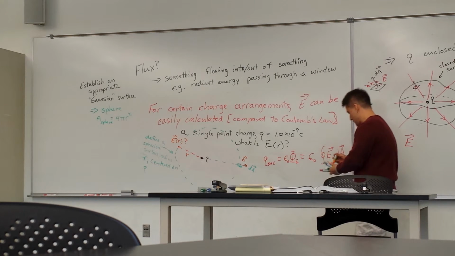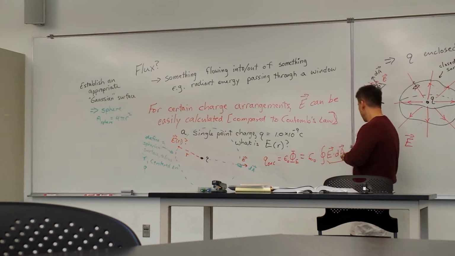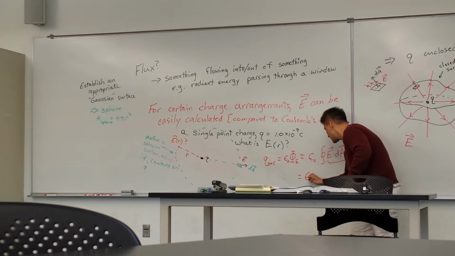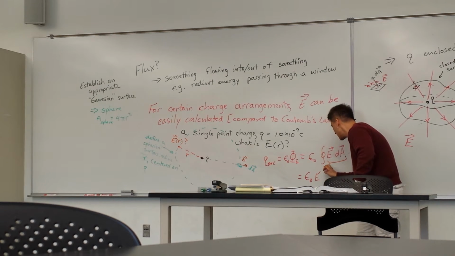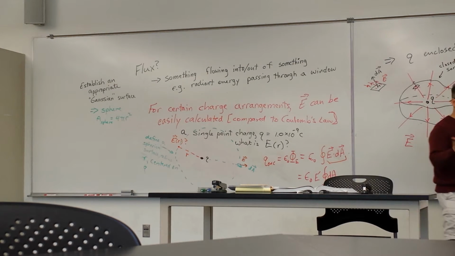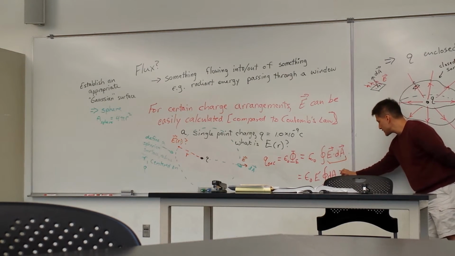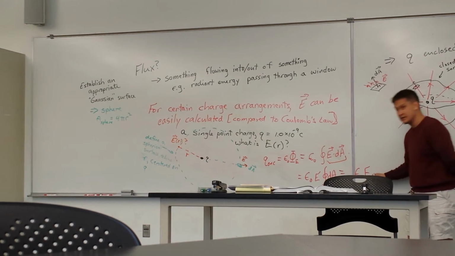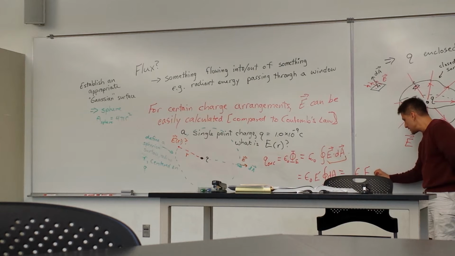So this then reduces nicely to E evaluated over the integral dA. Cosine goes away, so I'm just going to ignore it. I'm going to treat it as now a scalar calculation. And this in turn becomes epsilon naught E at this particular distance times the area of the sphere.